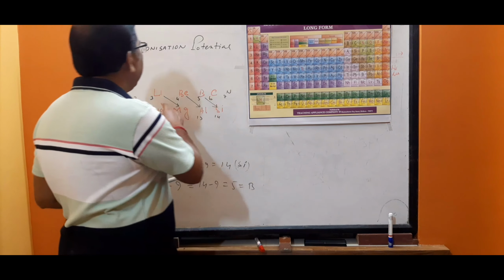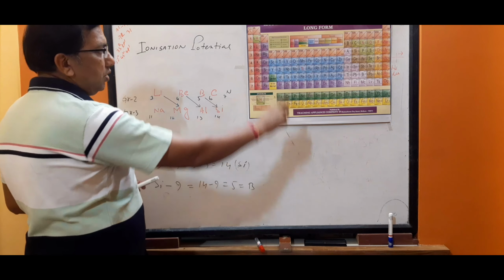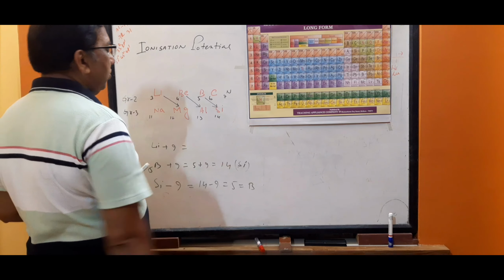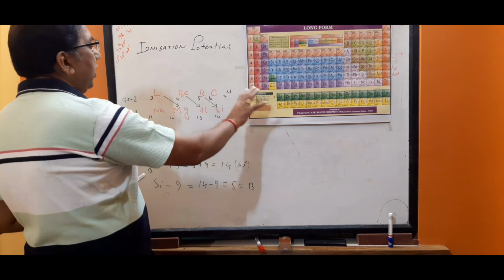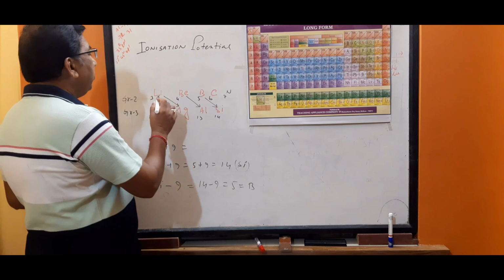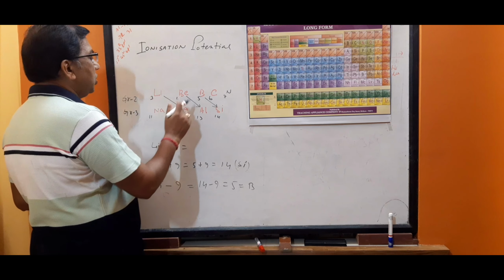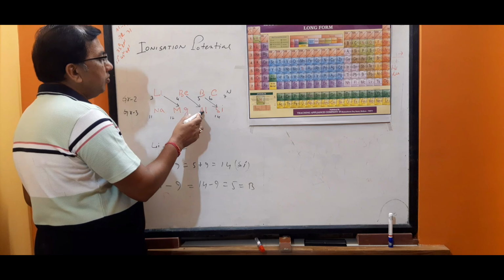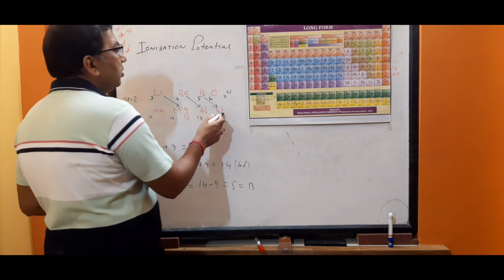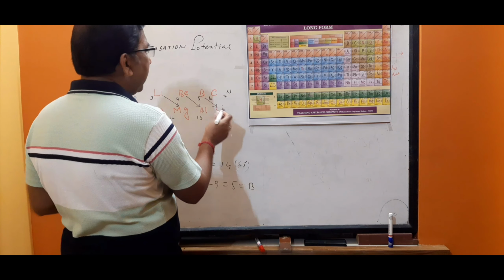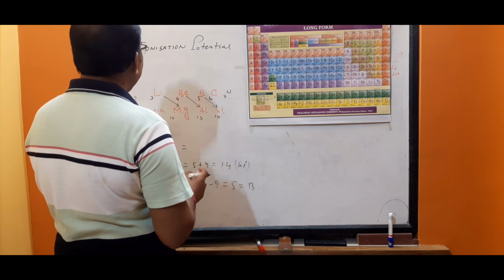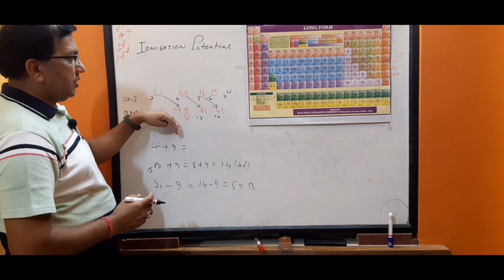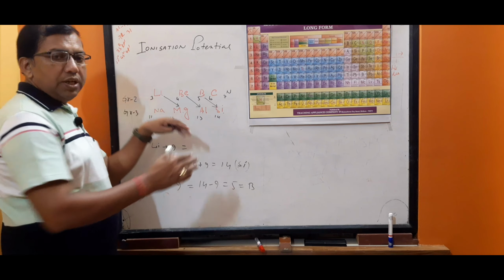If you see lithium, beryllium, boron, carbon, nitrogen, oxygen, fluorine, then sodium, magnesium, aluminium, silicon, phosphorus, sulfur, chlorine, argon, in this way you can add. So lithium relates to magnesium, beryllium to aluminium, boron to silicon, carbon to phosphorus, like these diagonal relations.